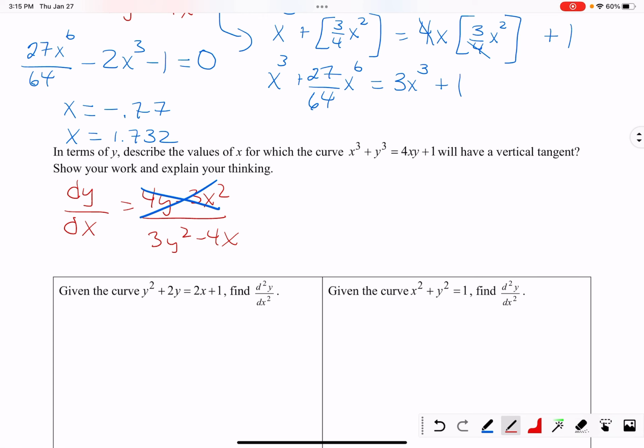This is where you would get an undefined value for your derivative, which indicates a vertical tangent line. So vertical tangent lines occur at dy/dx being undefined.